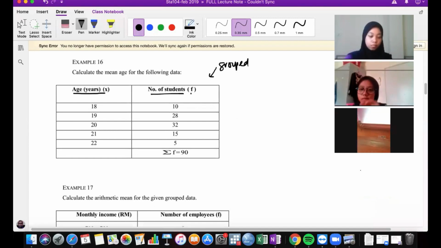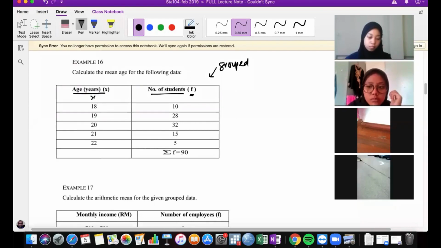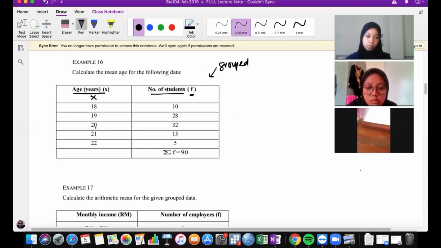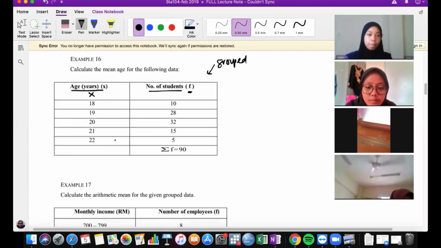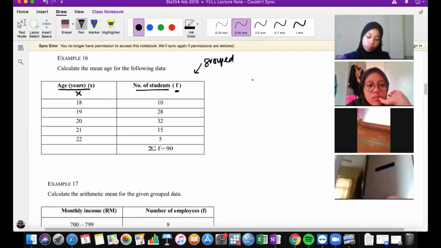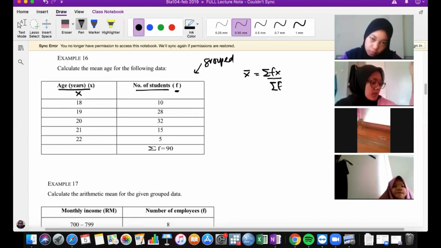So this is your frequency and this is your value of age: 18, 19, 20, until 22. To calculate the mean for this data, we're going to use x bar equals the summation of fx divided by the summation of f. We're going to use the formula for grouped data.